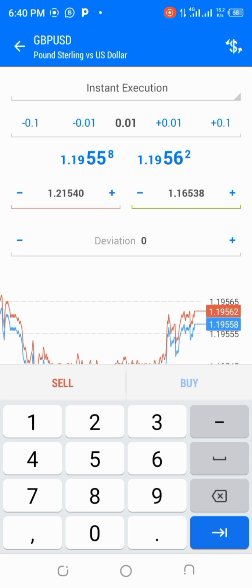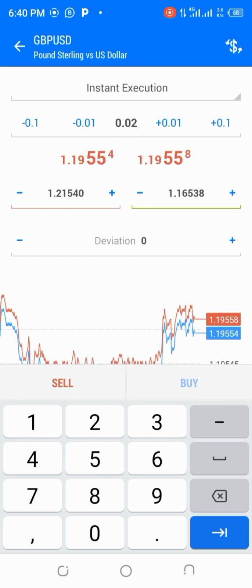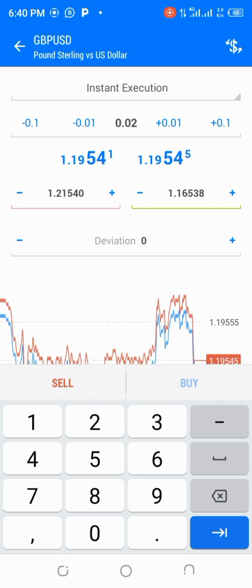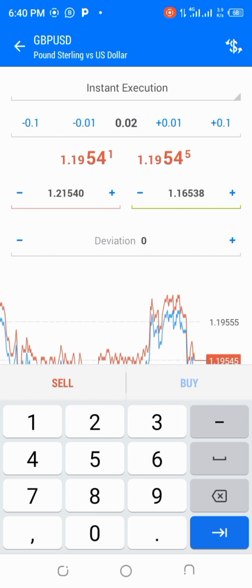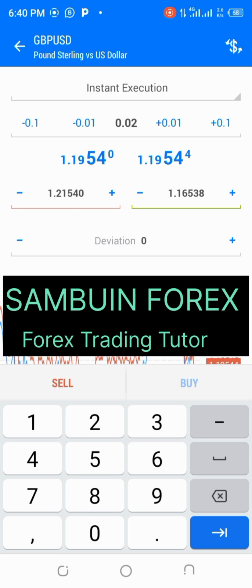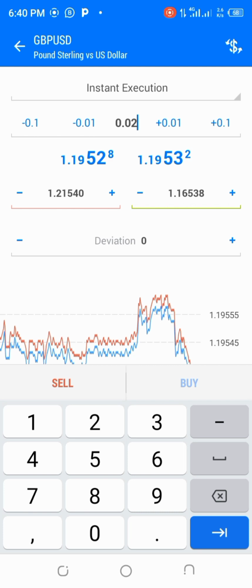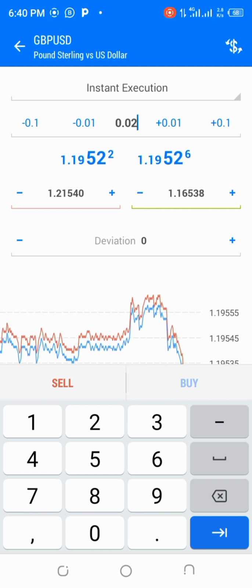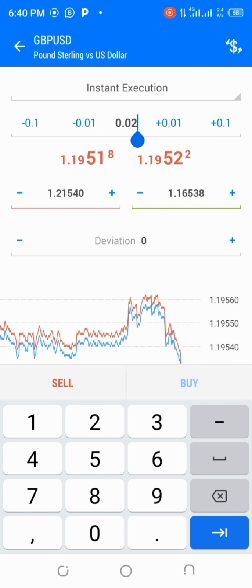If I increase the scenario to 0.02, remember in my previous video I said for a 0.02 lot size, if the market moves by 100 pips in a positive direction, we are gaining $20, and if it moves against our direction, we are making a loss of $20.